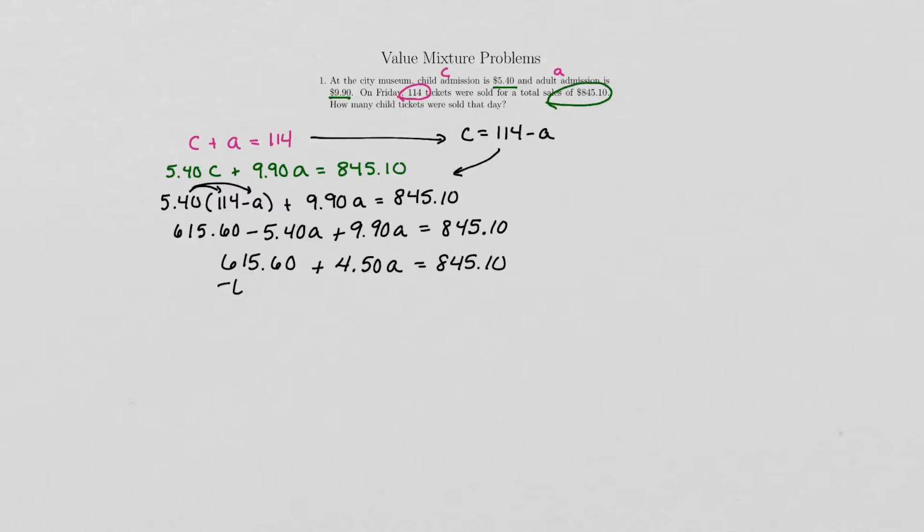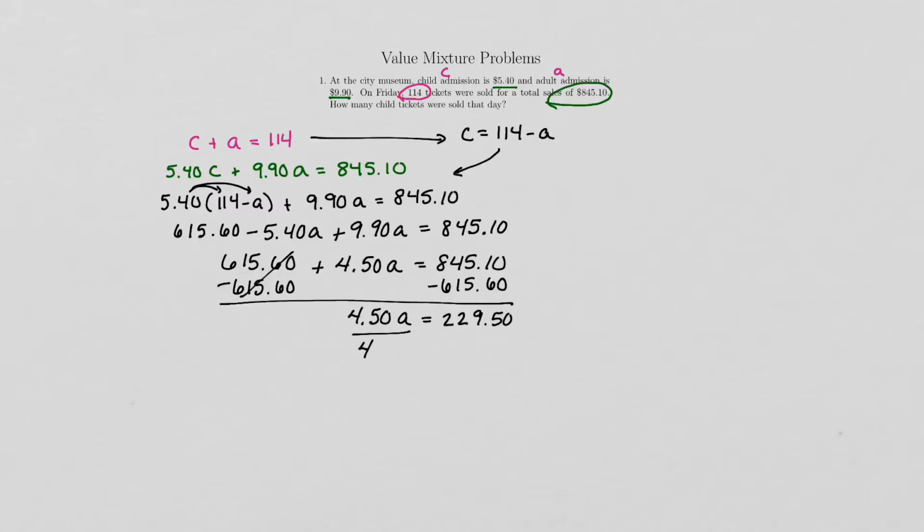So I'm going to subtract $615.60 from both sides. You end up with 4.50A equals 845.10 minus 615.60, which is $229.50.